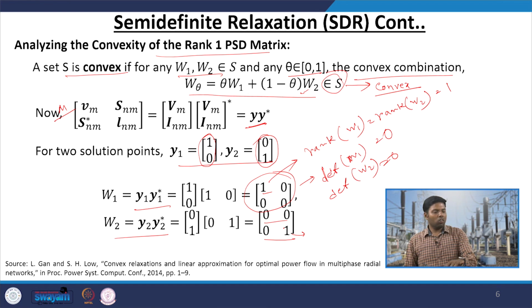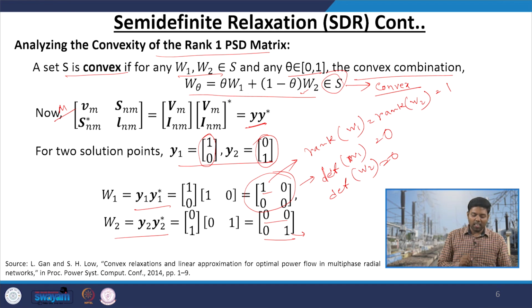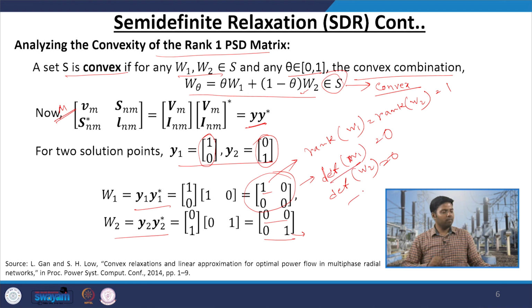Okay? So, the set S, or this matrix M, belongs to a set where each and every solution point has a rank of 1. Now, we have to see whether the linear combination of them also possesses rank 1 or not.